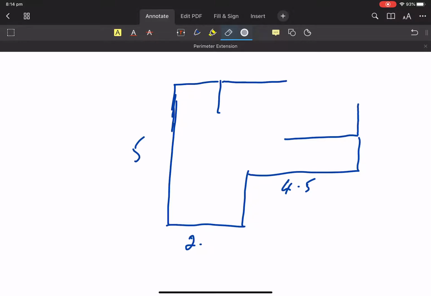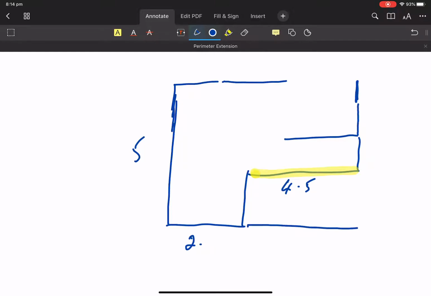What's the next one I'll move? How about I move this one? I'm going to move that one there. So it's still the same length. I'm just moving it there, and I'm going to rub it out. Then I'm going to move this one down there.